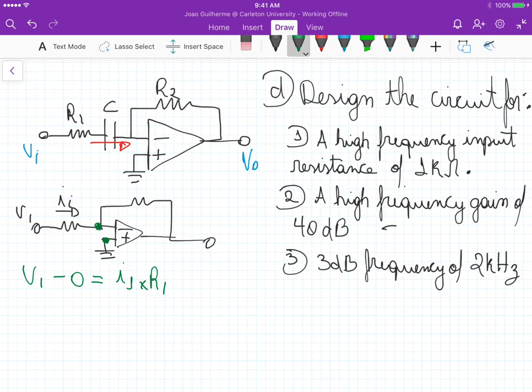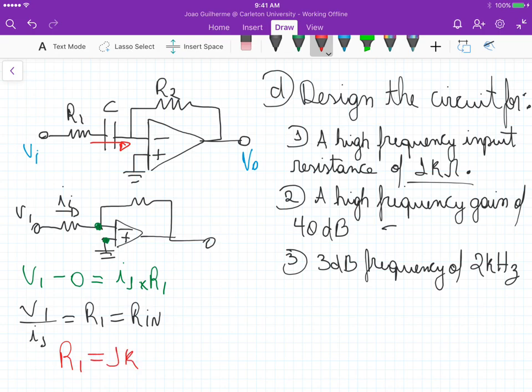So if we isolate VI over I1, that equals R1. So if we want a high frequency input resistance, our R input, of 1K, it basically means that R1 should equal 1K. So that's our first component, R1 equals 1K.